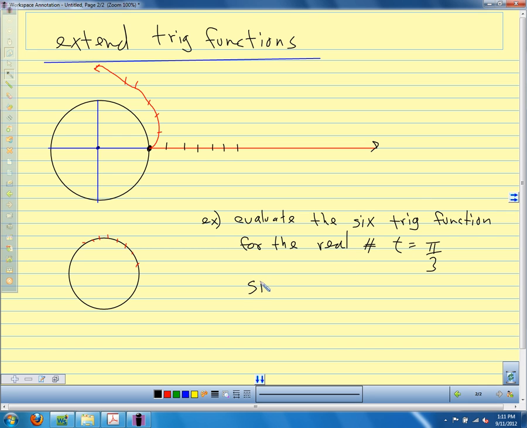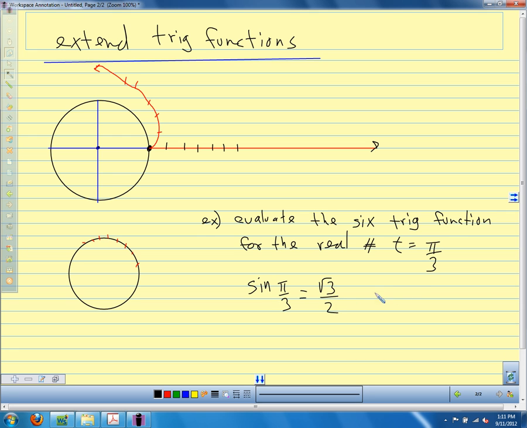I'm going to say that the sine of pi over 3 is what? You look at your unit circle, square root of 3 over 2. So if we have some real number on our number line corresponding to pi over 3, some x equals pi over 3 or t equals pi over 3, we can find the sine of pi over 3 with square root of 3 over 2.